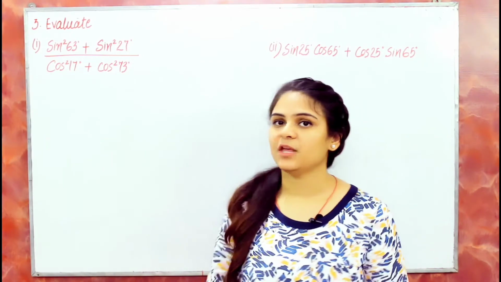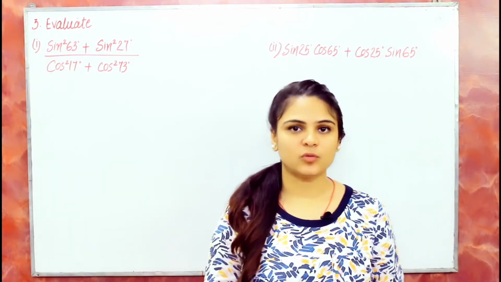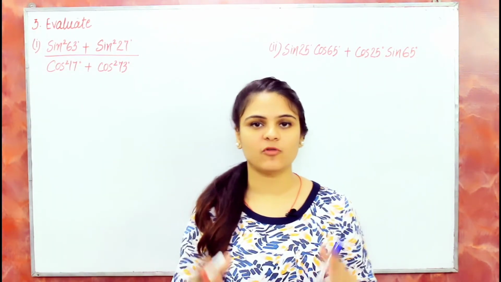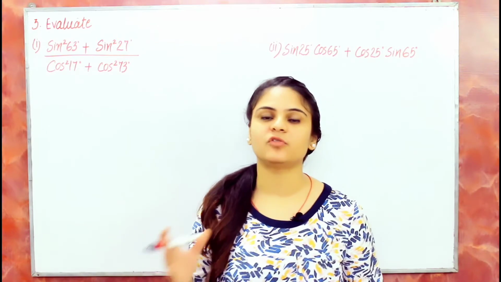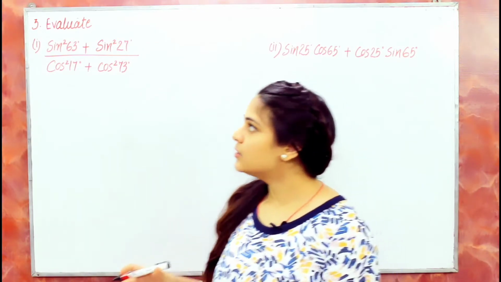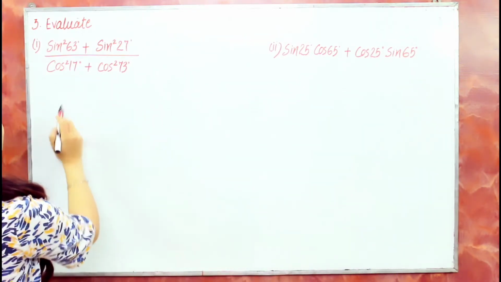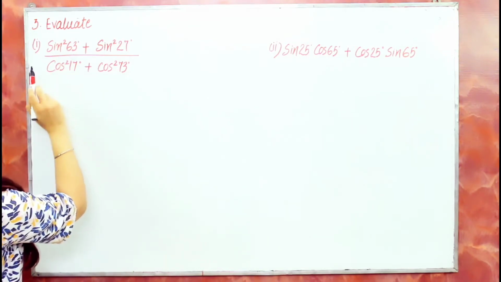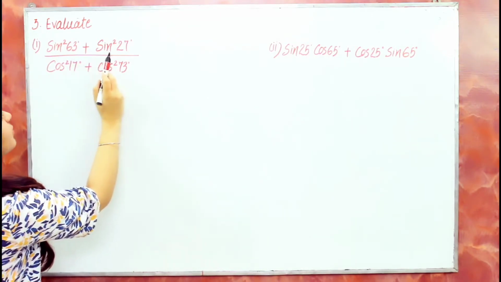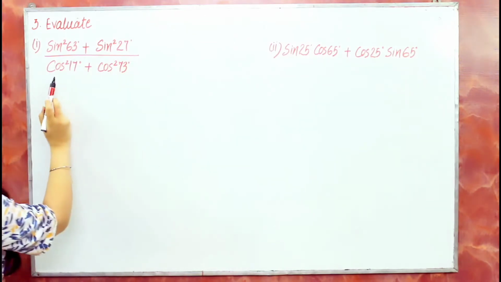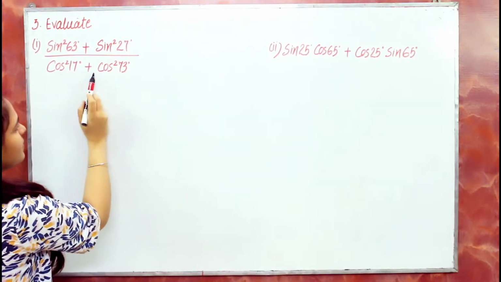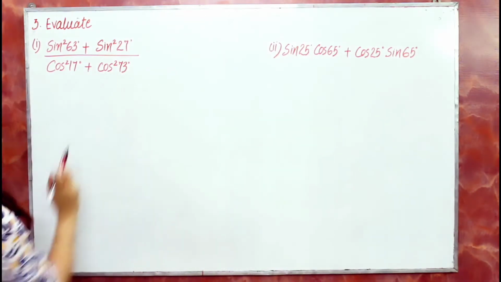Question number 3, evaluate the following. In this question, we have to use the concept of complementary angle as well as trigonometric identities. So let's start. First part is sine square 63 degree plus sine square 27 degree upon cos square 17 plus cos square 73.